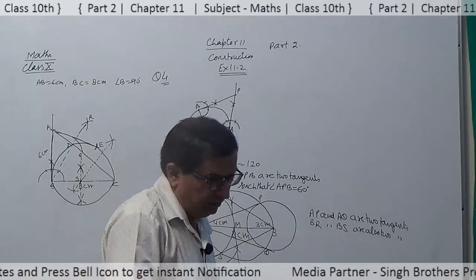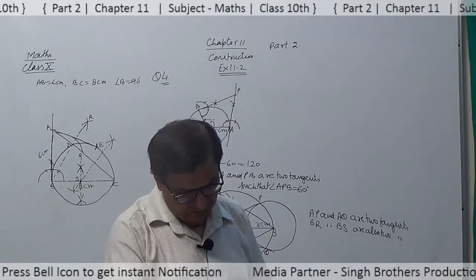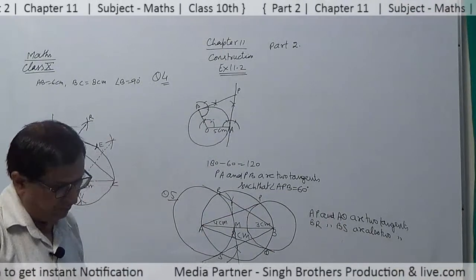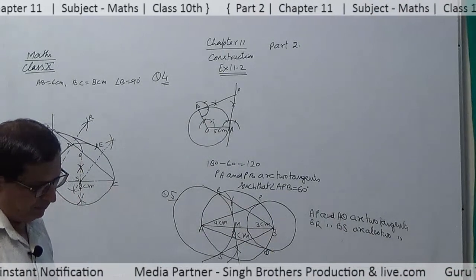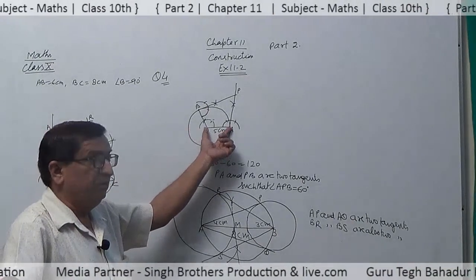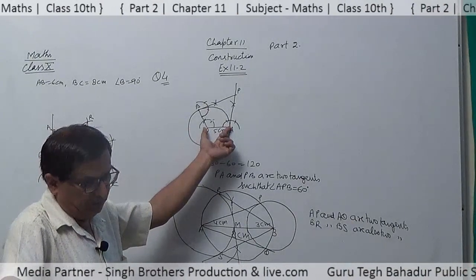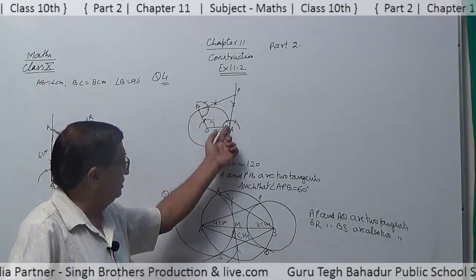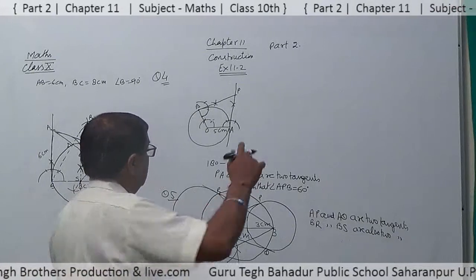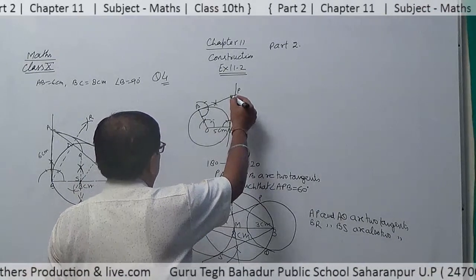So again I am going to explain question number 4, 5 and 6. First, draw a pair of tangents to a circle of radius 5 centimeter. First of all, we will draw the circle of radius 5 centimeter. The tangents are inclined at 60 degree.